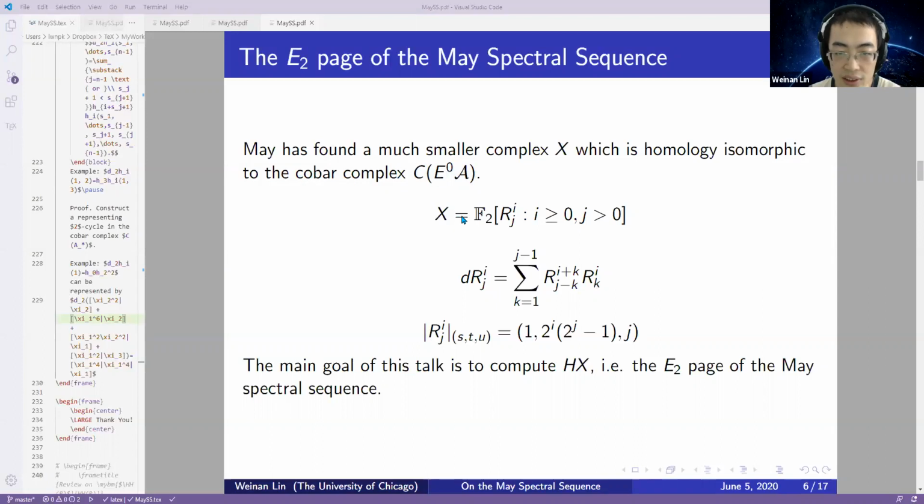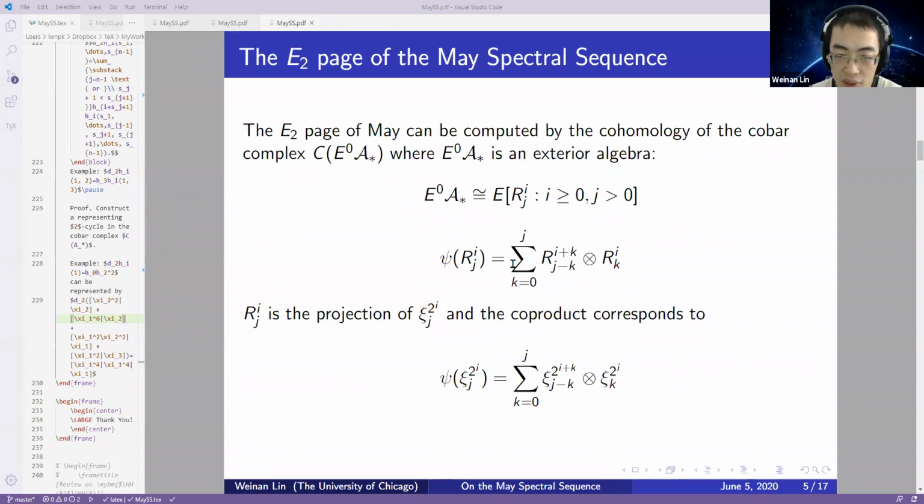X itself is a polynomial algebra. So it's kind of our favorite algebra, with no relations at all. And the differential is given by that. Note that it's almost the same as that, it's just that we get rid of the tensor product, and it's commutative.